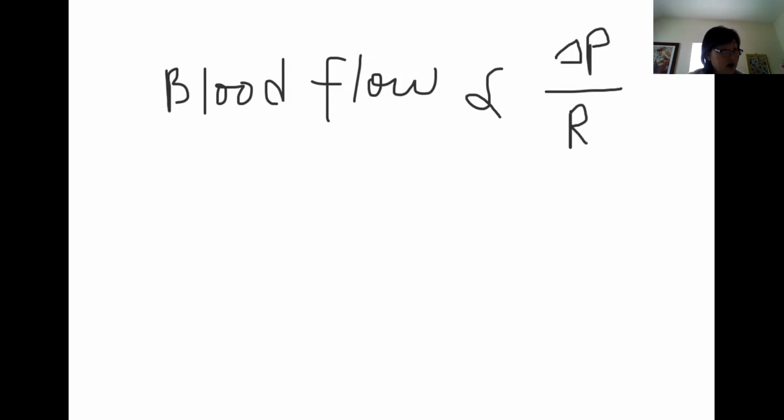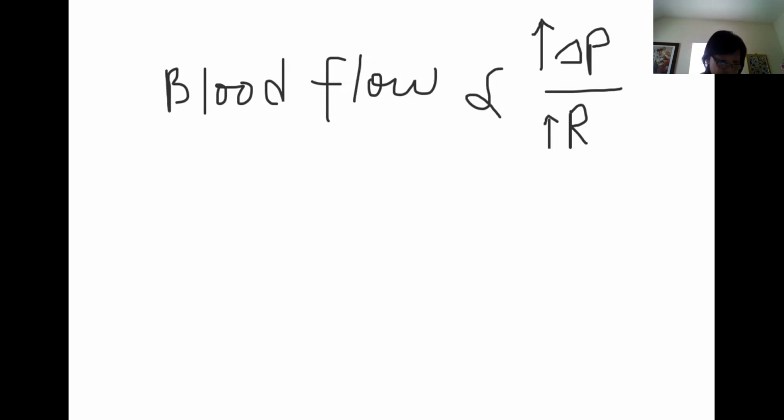This R is resistance, total resistance. So if we want to maintain the blood flow, if you increase the resistance, then you have to increase blood pressure to maintain the stable blood flow. Okay, do we understand this?